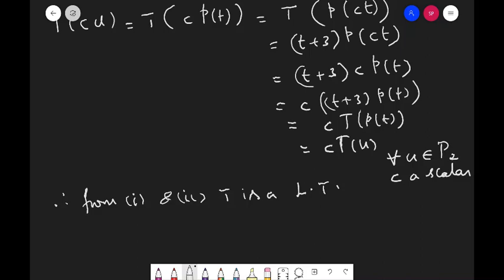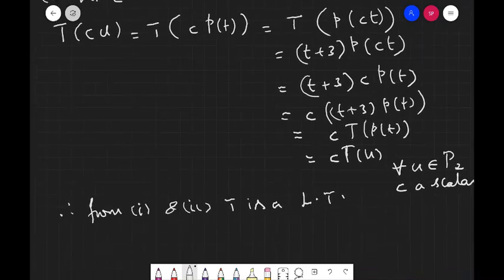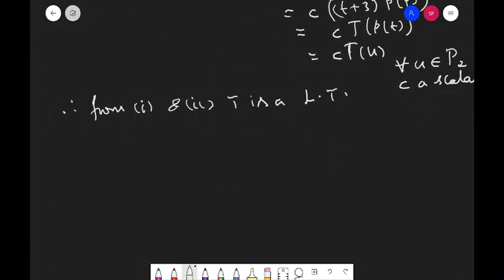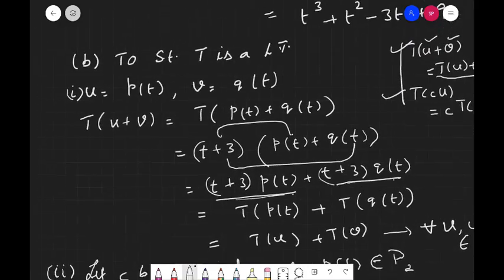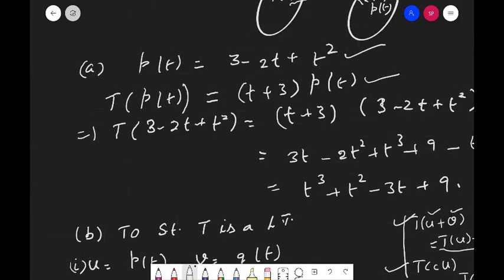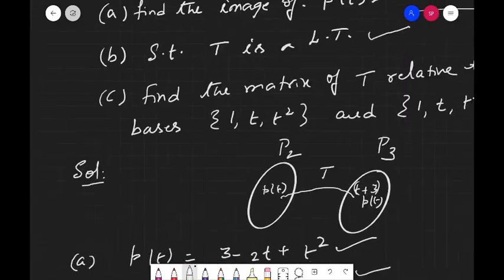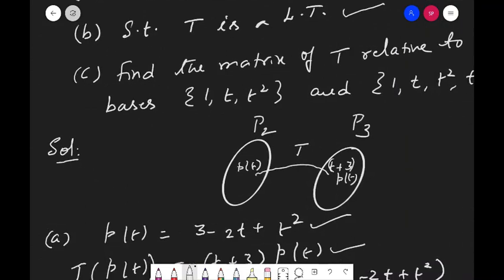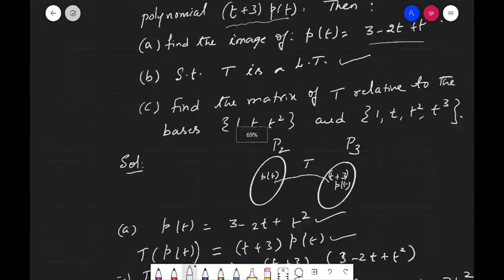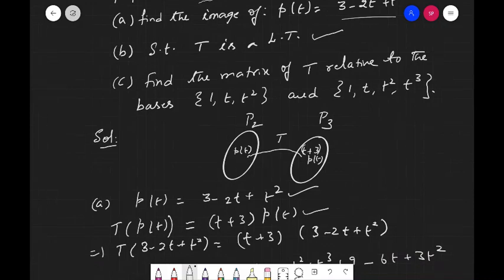So proving linear transformation is over, and now we have the C bit to do. The C bit given in the problem is: find the matrix of T relative to the bases 1, t, t square and 1, t, t square, t cube.